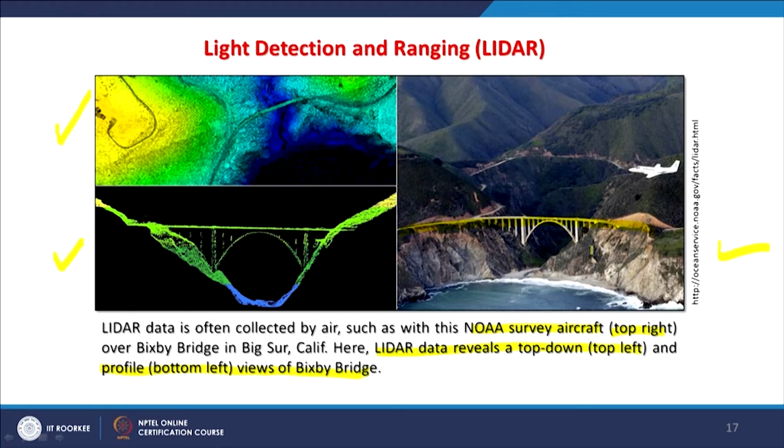So, the right one is the visible part, whereas the left one and the bottom left are based on the LIDAR. Whatever the distance you are standing at, you can measure the distance as well as map the things as shown here.